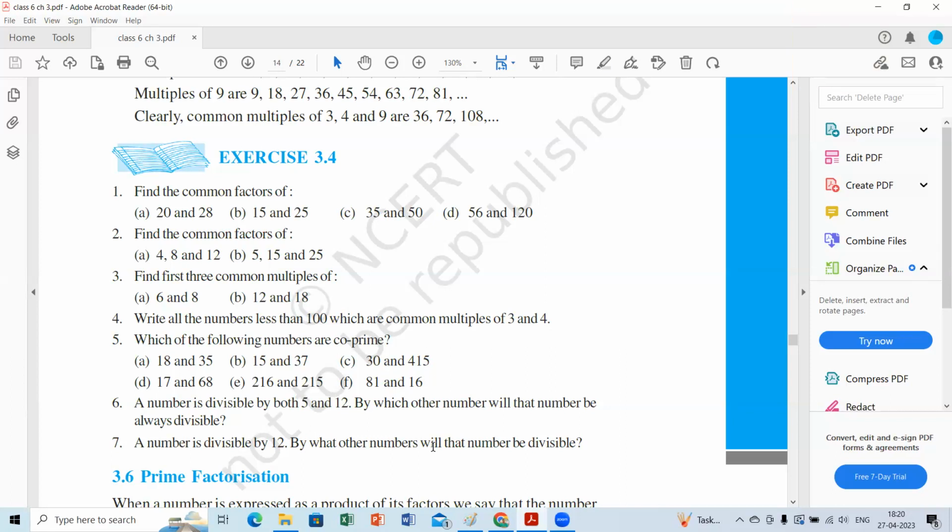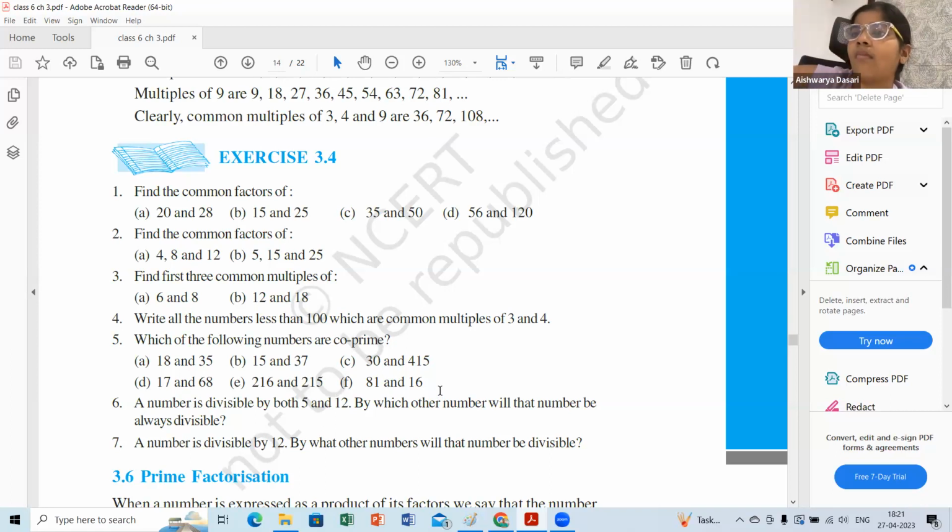This is the application part of your previous part. A number is divisible by both 5 and 12. The word divisible means it can be divided.